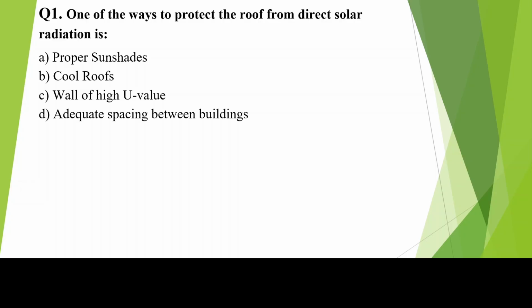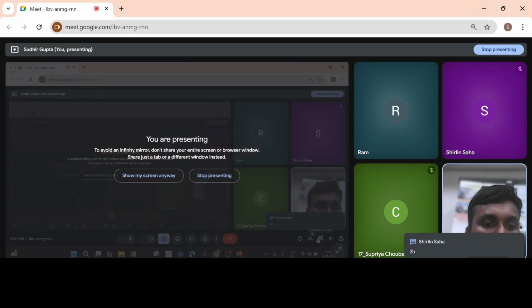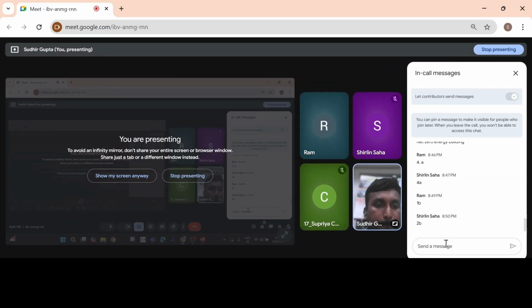Question number 1. What should be the correct answer? Anyone who can answer? Let me see. 1B has been marked by Ram, but is not one.